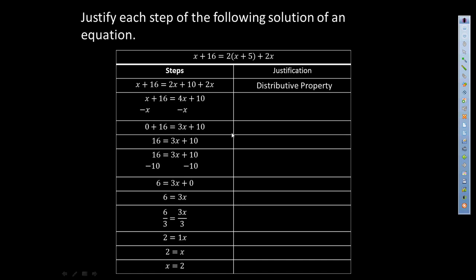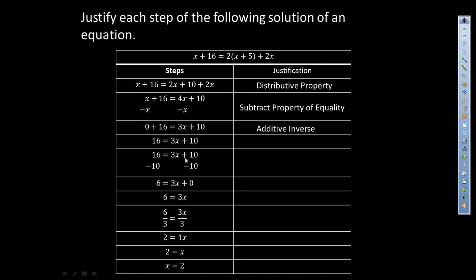They make 0. And so here in the equation we have a 0 because x and negative x are additive inverses. Notice that in the next step 0 is gone because 0 added to 16 is just 16. That's because the additive identity tells us that no matter what number you have, if you add 0 to it, its value doesn't change.